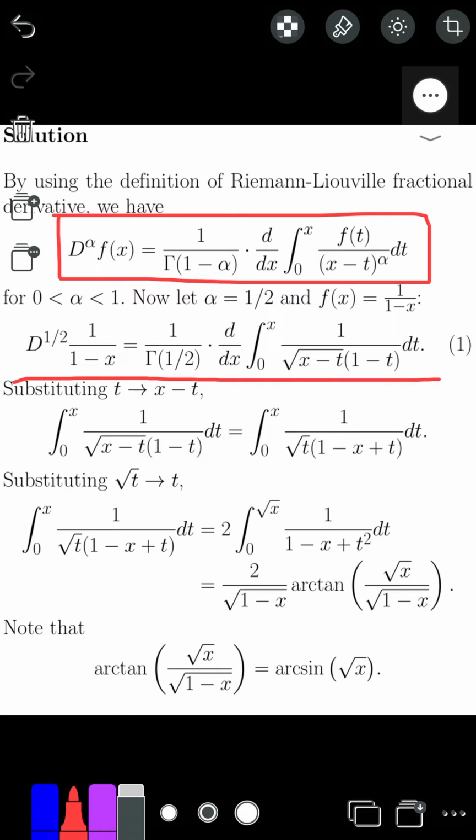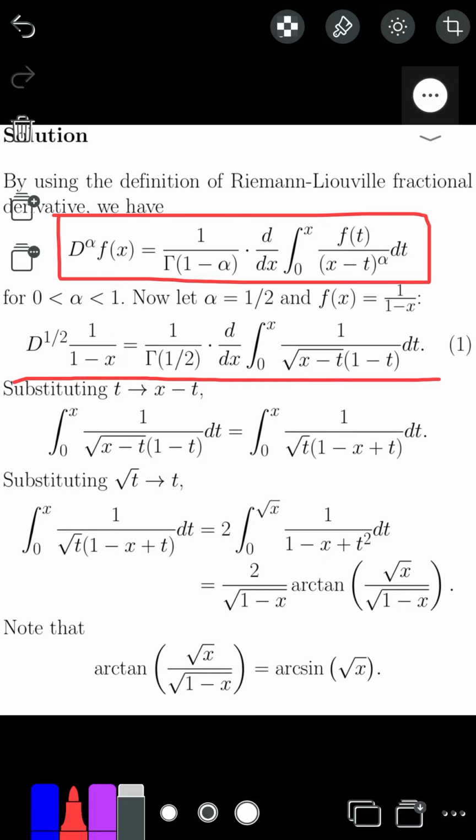This integral should be easy to solve after we substitute t to x minus t. Wait, something seems a little bit wrong. It's not wrong. Never mind, my bad. So after we substitute t to x minus t, then we get this.